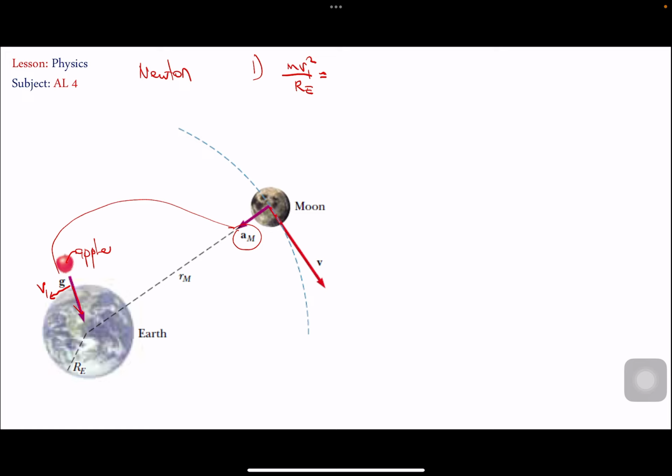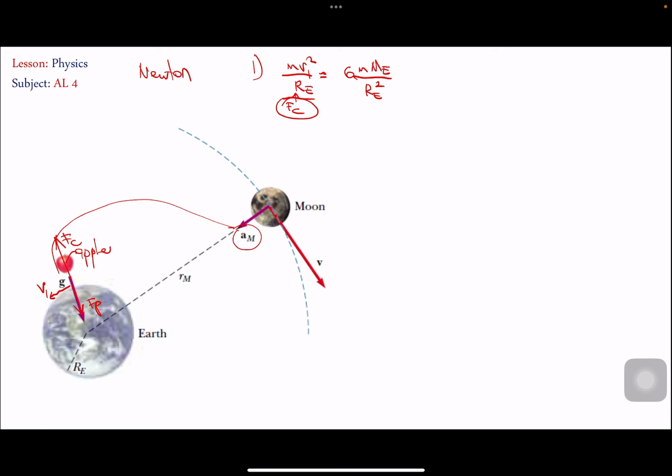Of course, I have here the gravitational force and the centripetal force. They are in balance, so that's why I write it. The first thing I've written here is the centripetal force. And now I'll write the universal gravitational force, that is G times the mass of the apple and the mass of Earth, over the radius of Earth squared.